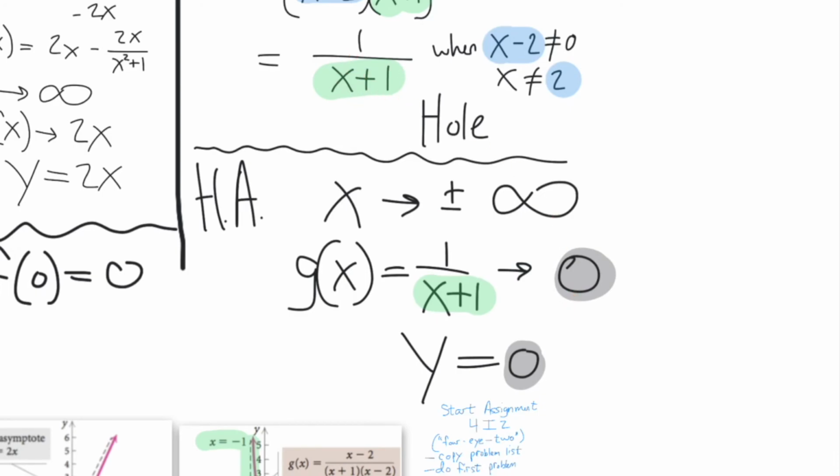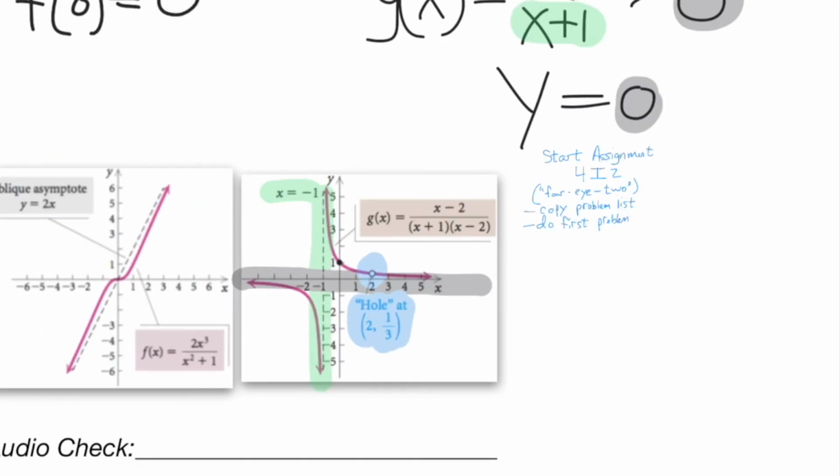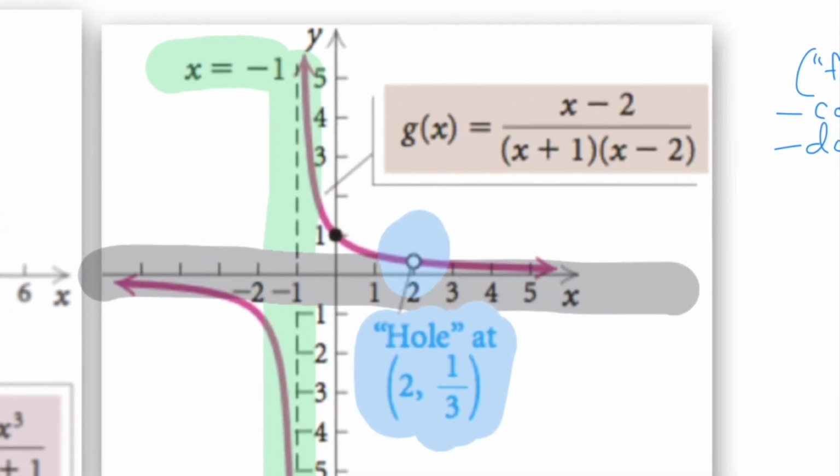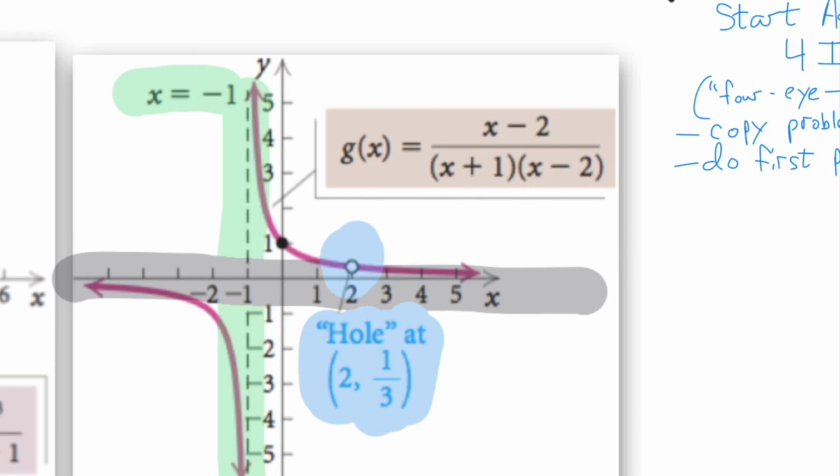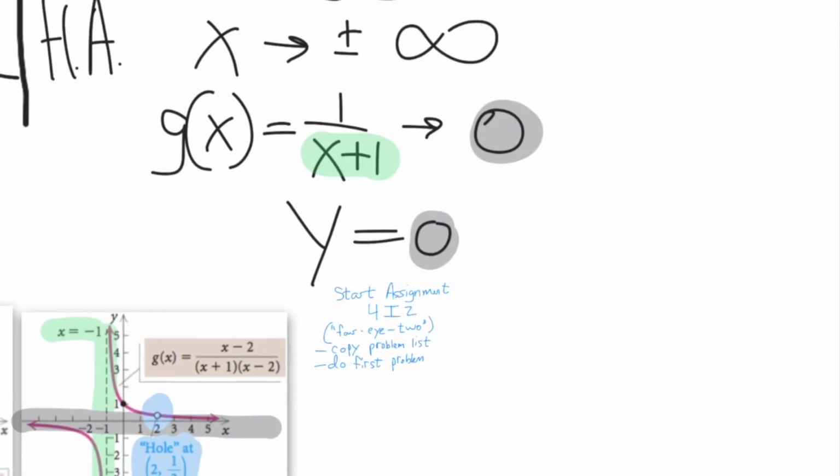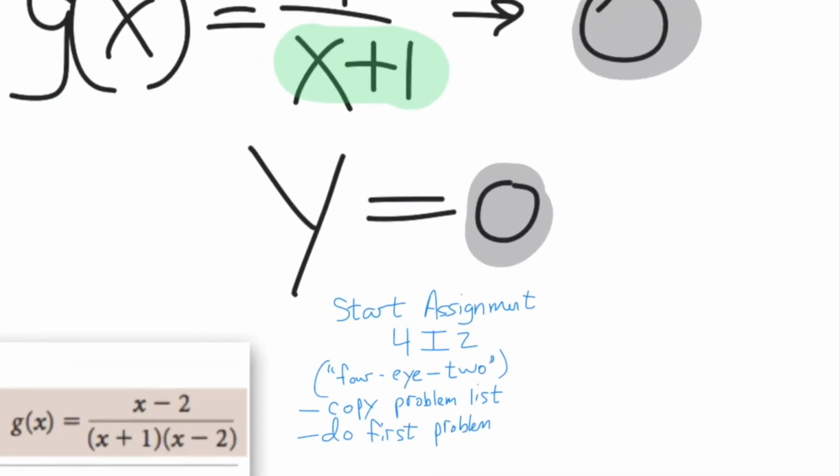So we have a horizontal asymptote at y equals 0, a hole where x equals 2, a vertical asymptote where x equals negative 1, and a y-intercept of (0, 1). From all that, you can figure out where the graph is going to be. It's going to nuzzle up next to each of these asymptotes, have a hole here, have a y-intercept there, and no x-intercept.